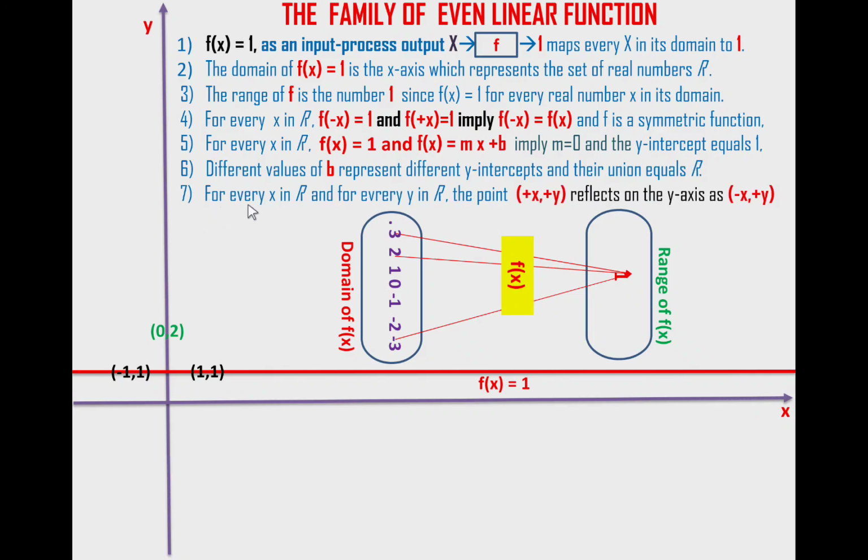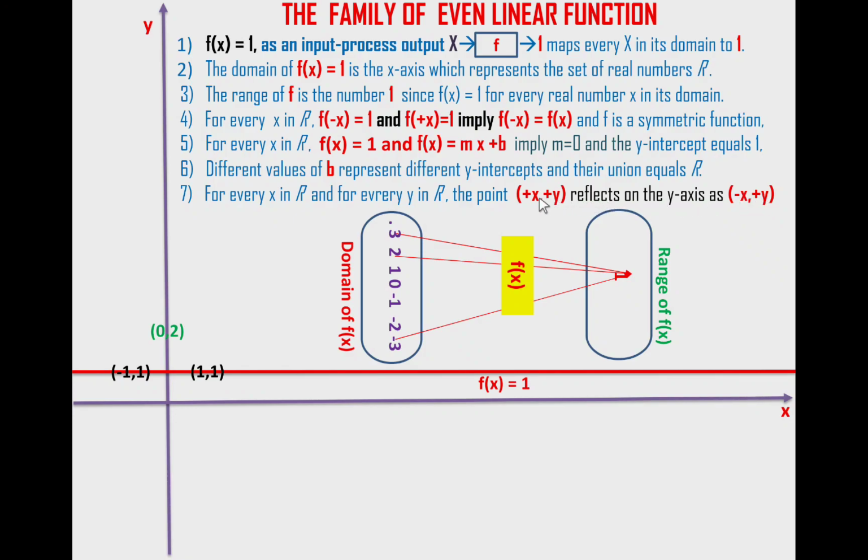The next point: for every x in its domain R, which is the x-axis, and for every y, which is a value on the y-axis, if we pick a point in the xy plane equal to plus x comma plus y, then that point will reflect on the y-axis as minus x comma plus y.